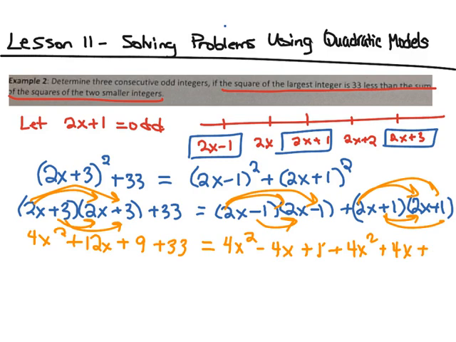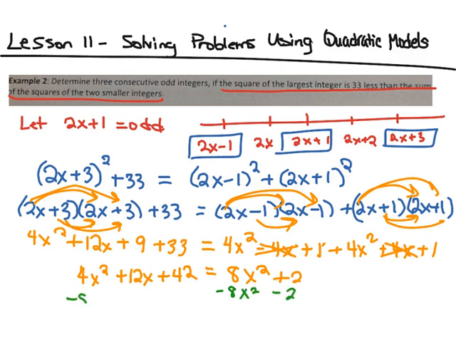Now we're going to simplify. So on the left side, we should simplify it down to 4x squared plus 12x plus 42. And on this side, the x terms will cancel, so we should have 8x squared, and 1 plus 1 is 2. Now we're going to move it to the other side. So we have minus 8x squared minus 2 on both sides. So we're left with minus 4x squared plus 12x plus 40 equals 0.